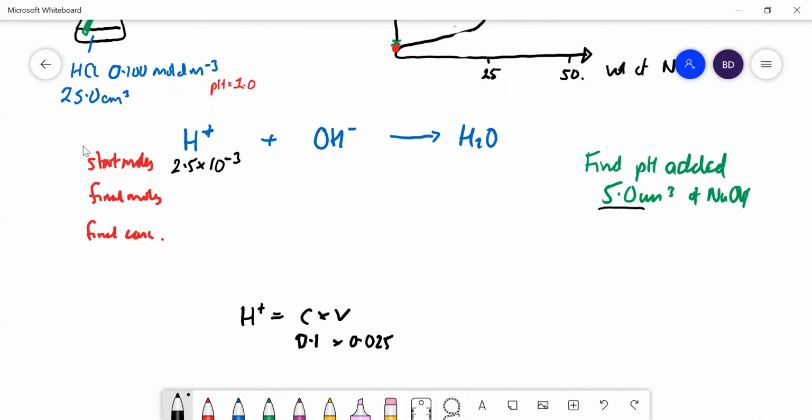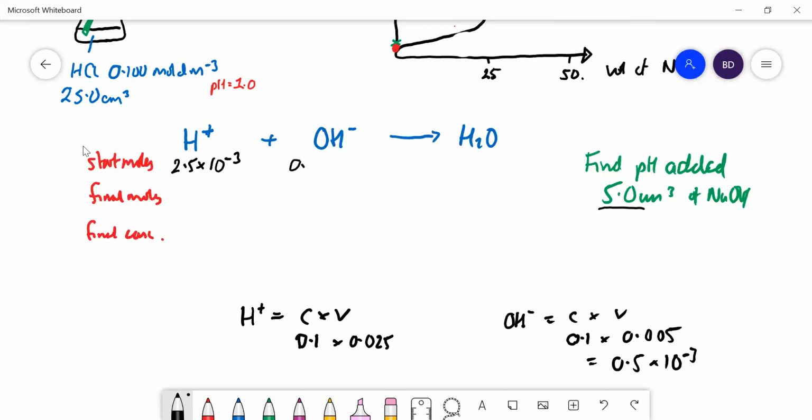Right, when we've added 5 centimeters cubed of NaOH, how many moles of that are we adding? Well, it's going to be concentration times volume. The concentration is 0.1 and the volume is 0.005. So that's equal to 0.5 times 10 to the minus 3. I'll write it like that because then it's the same sort of way as the acid one.